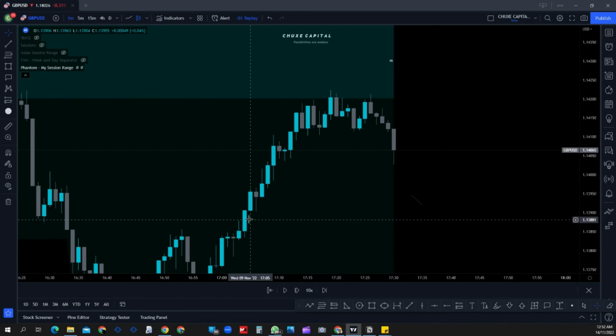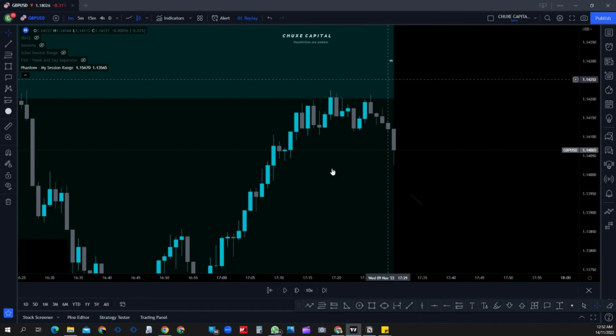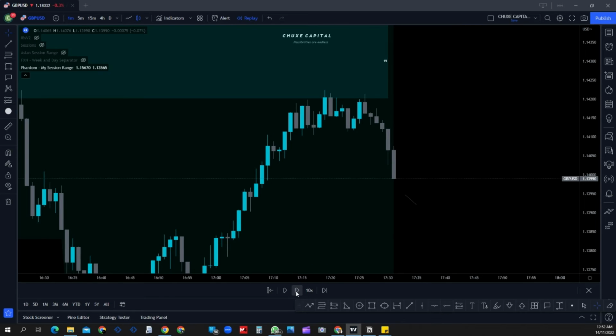I don't classify it because there's no close below. I didn't close below. There's no close below. So yes, this closes below, but there's no follow through, so that doesn't count.